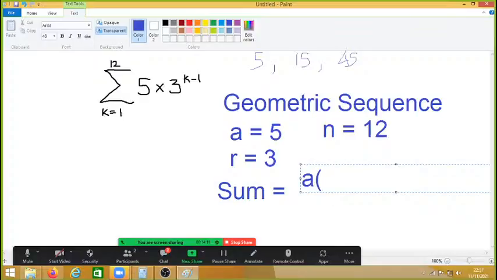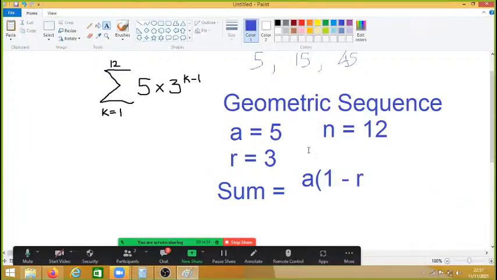So a times, good, it's a fraction, so we've got a times, then there's two versions of the formula, but I prefer to go with this one. So 1 minus r to the power n.